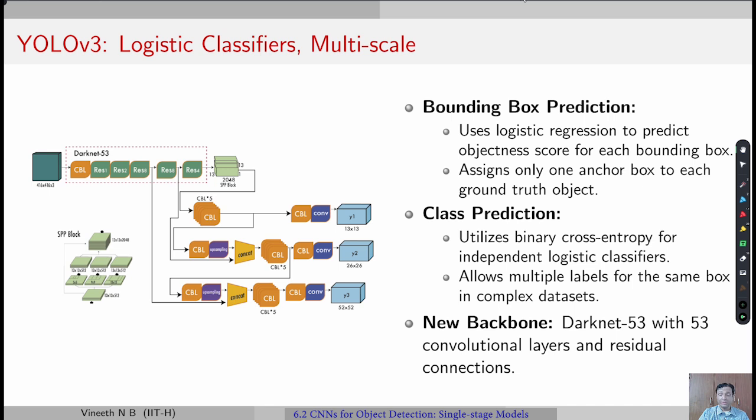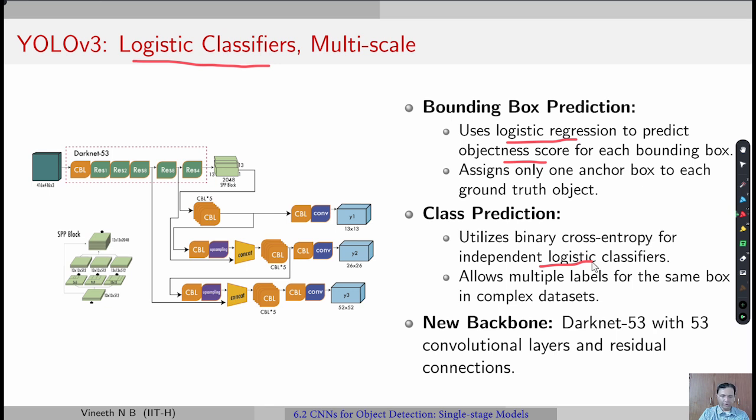In YOLO v3, there were a couple of interesting improvements such as logistic classifiers and multiscale. Logistic classifiers used logistic regression to predict the objectness score as well as for the final classification. What is the difference?